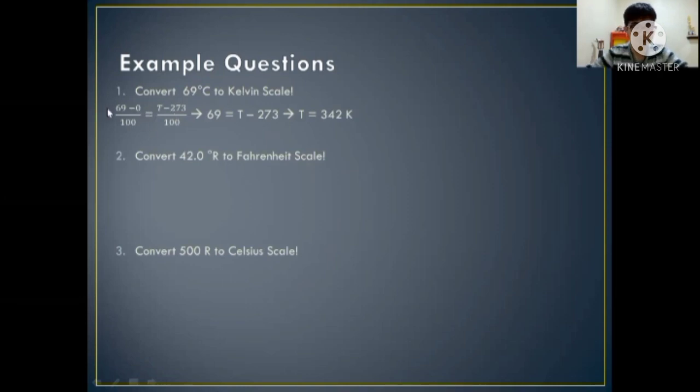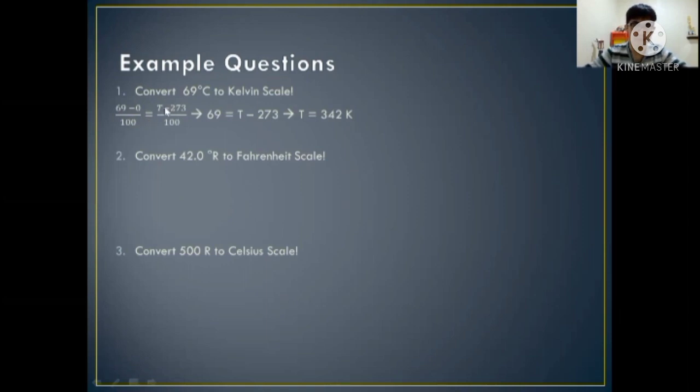Okay, so let me explain a bit. 69 is the given temperature of the Celsius. 0 is the freezing point of the Celsius scale, and 100 is the range of Celsius itself.